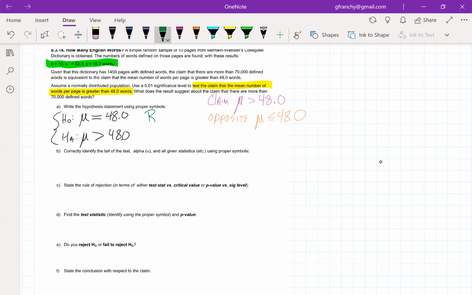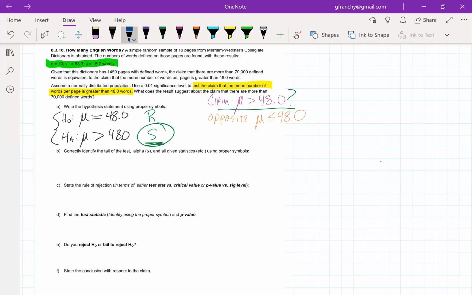And our little bit extra here for setting up the conclusion with respect to the claim, we put in the R and the S, and then we wonder which one is most like, if not identical, to the claim, and that is the S there. So down, when we get to step F, we're going to talk about whether or not we support the claim that the mean number of words per page is greater than 48.